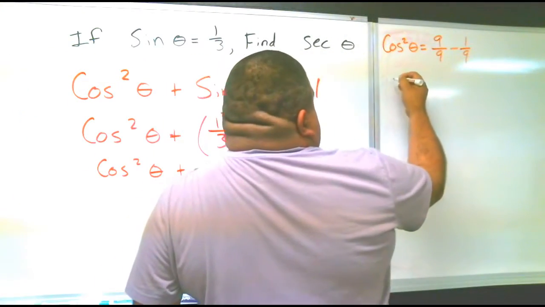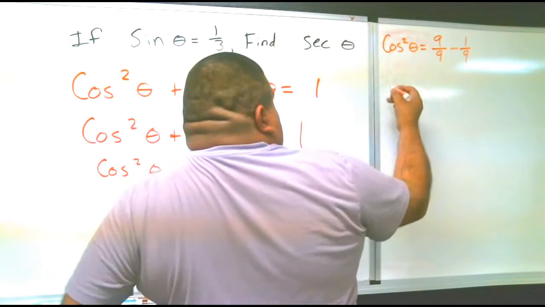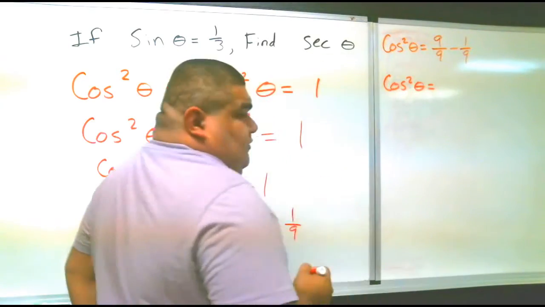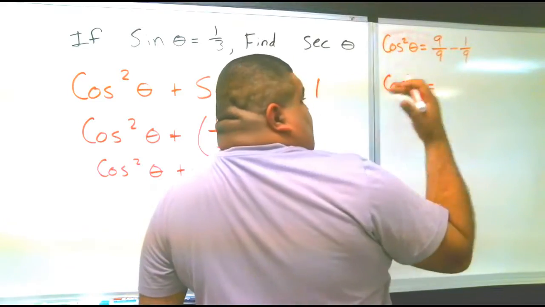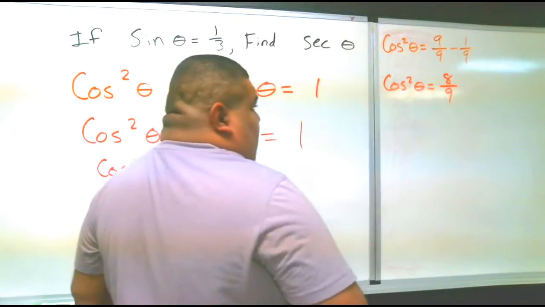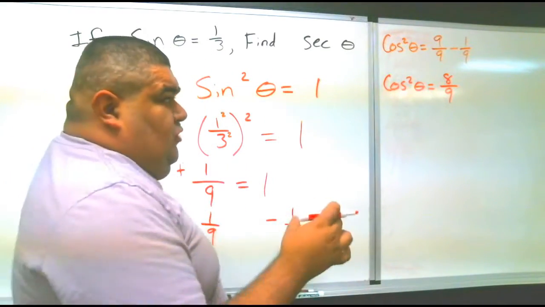So cosine squared theta equals 9 minus 1, since we have the same denominator and we're subtracting. 9 minus 1 is 8 over 9. We keep the denominator. Keep in mind, guys, we're going to try to get rid of the square.